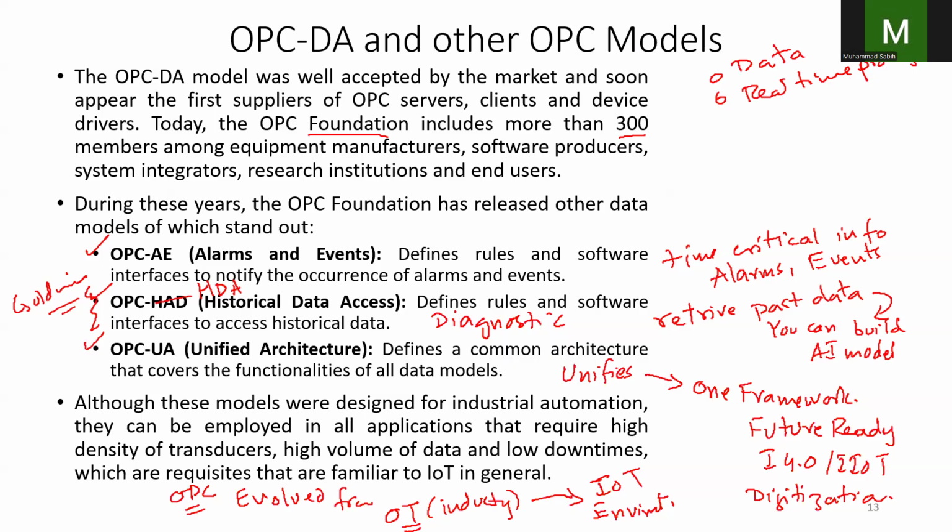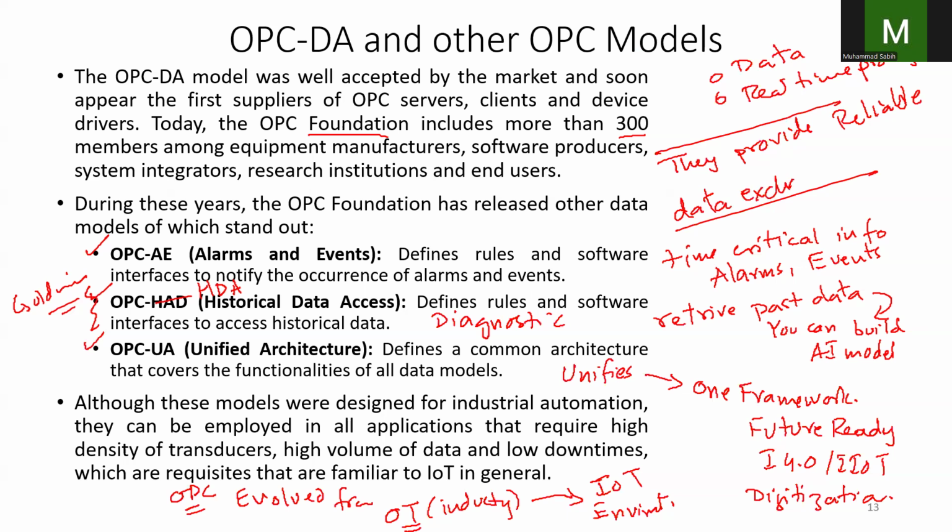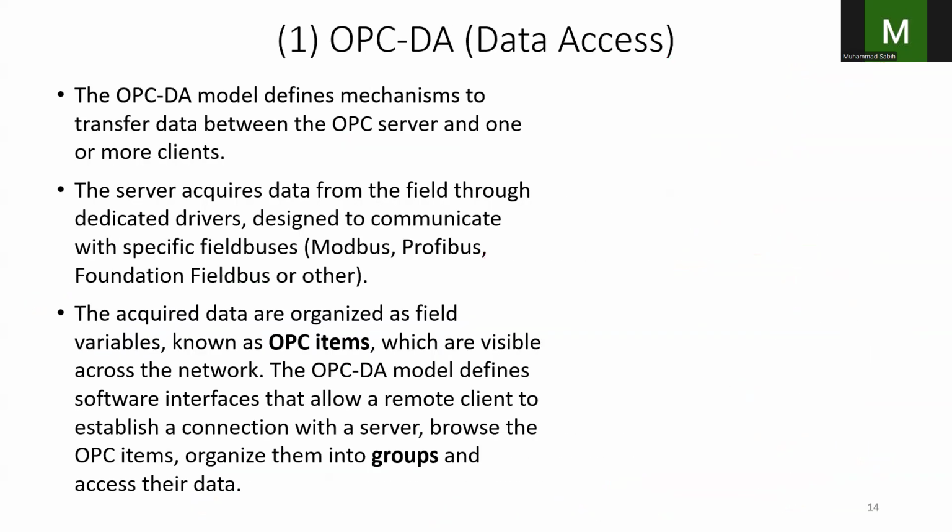This helps a lot in smart manufacturing, where these OPC models still offer a reliable backbone for data exchange. In short, they provide a reliable data exchange backbone.